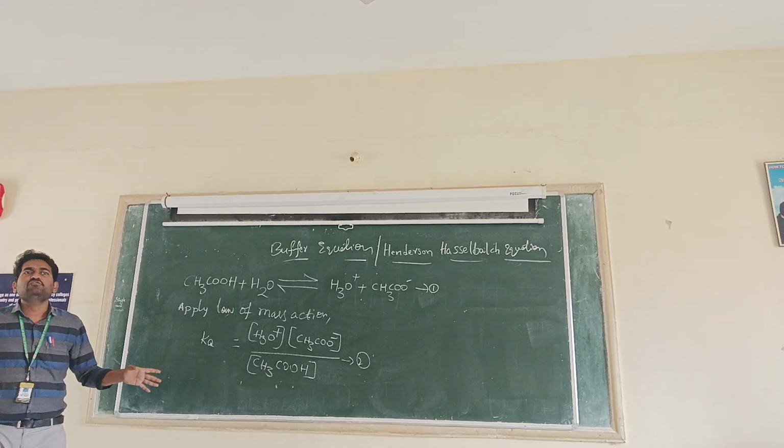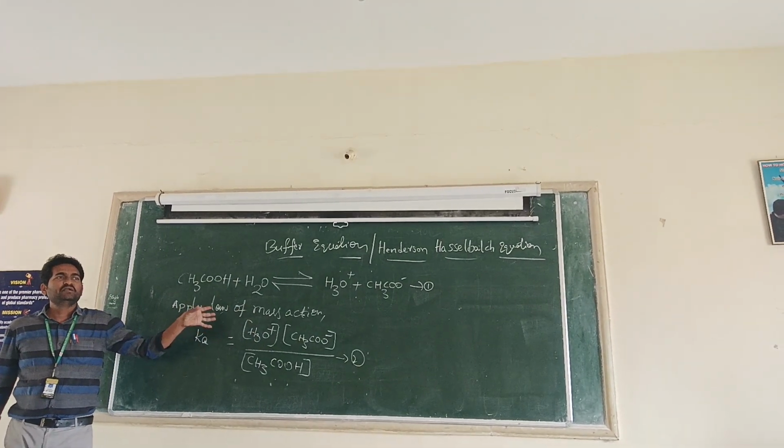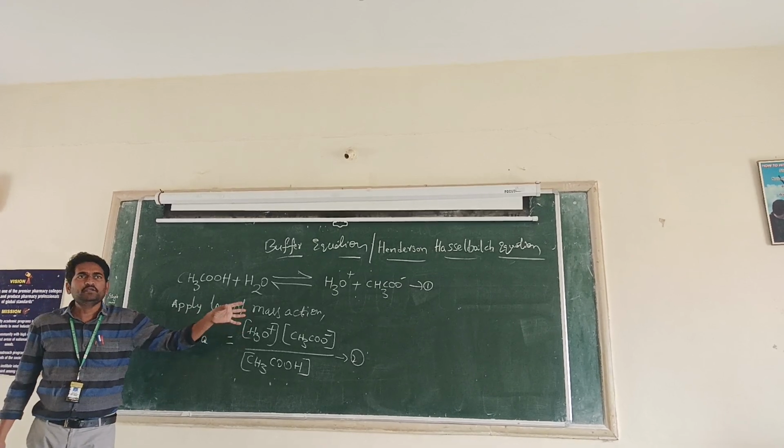Now we are always focusing on hydronium ion concentration to get the pH, right? Because pH is the negative logarithm of hydronium ion concentration.